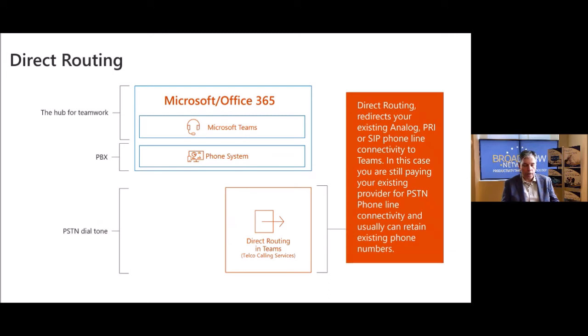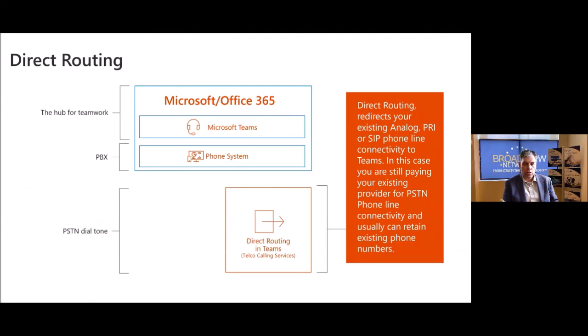directly to Microsoft. So you keep paying your current phone line provider, but now they take care of making your phone lines, your phone numbers going from your existing phone system to Teams without you having to worry about doing any number porting. Or you put a session border controller, an appliance, on-premise in your environment.